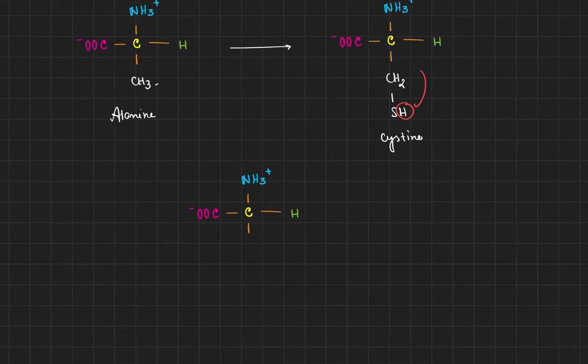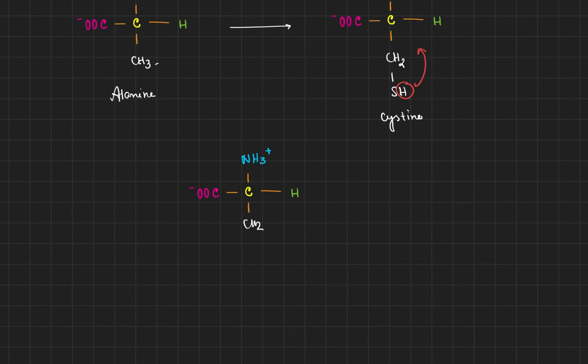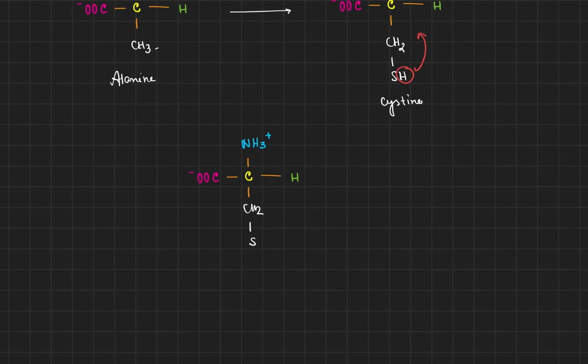Now the fun part is that you see there is a hydrogen over here. If I remove this and replace it with this, let's say this is a CH2S, and then I do the same thing again and make the CH2, you can see they are forming a dimer of cysteine.